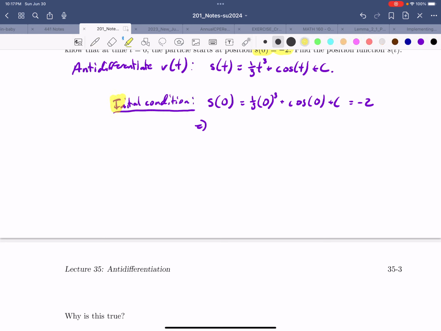Okay, so we get this. That implies that, okay, so this goes to 0. Right, we should know that. Cosine of 0, we should all know, is 1. 1 plus c equals negative 2, and that implies c equals negative 3.